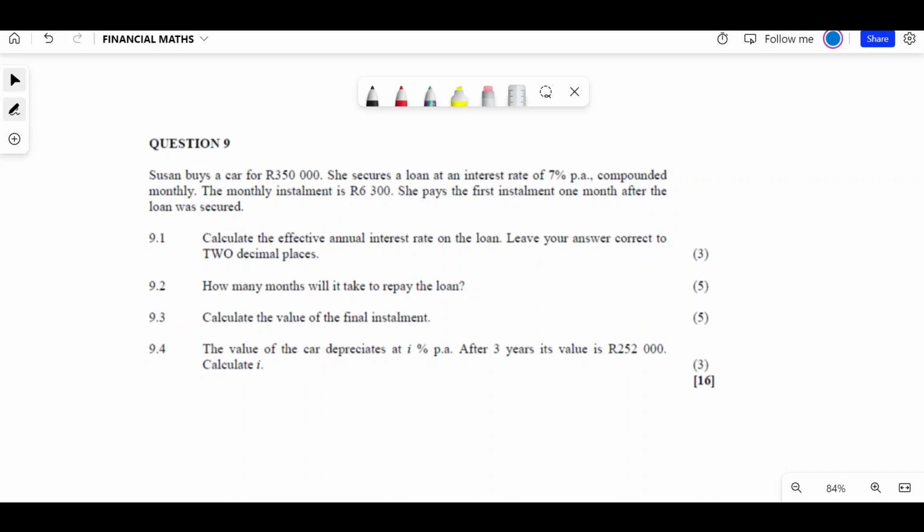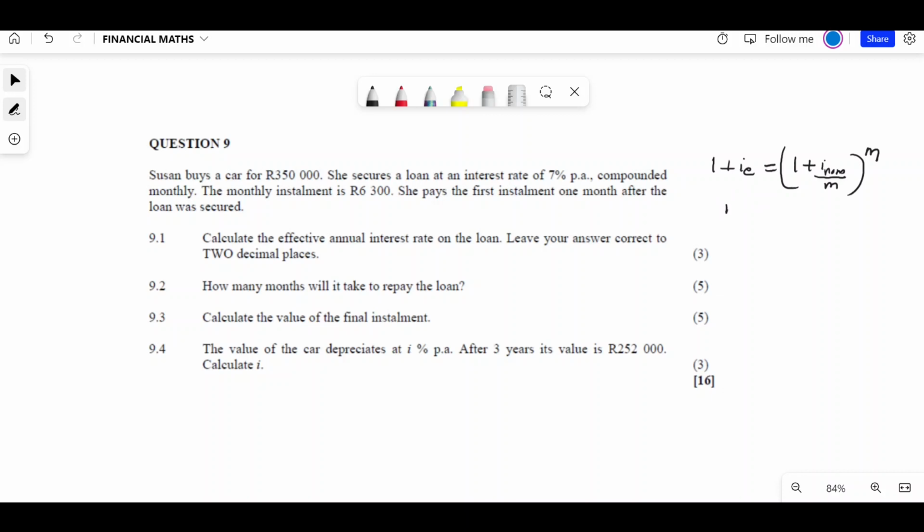Remember the first formula we learned in the first lesson: 1 plus i effective equals 1 plus i nominal divided by m, to the power m. We are going to use this formula. In this case, you are asked to find the effective annual rate.